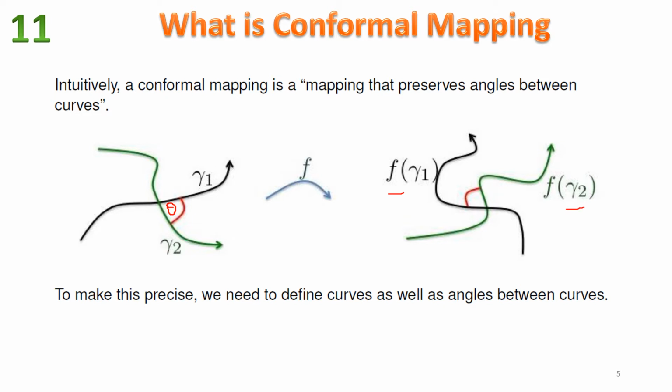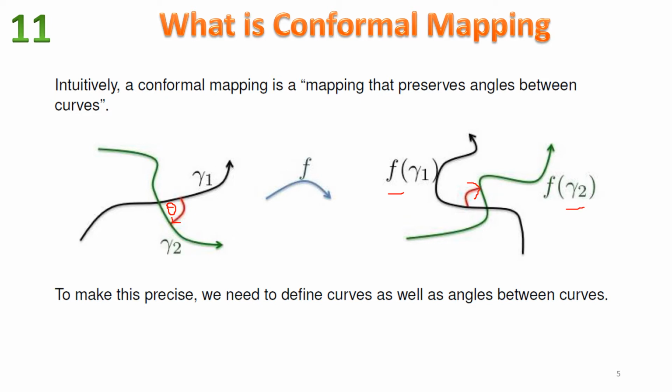Here f of gamma 1 is along this black path, whereas f of gamma 2 is along this green path. Now the angle between f of gamma 1 and f of gamma 2, we can look from f of gamma 1 to f of gamma 2. So here also we can look from gamma 1 to gamma 2 in this direction.